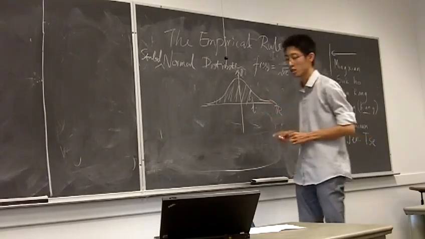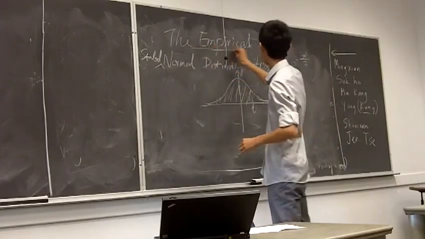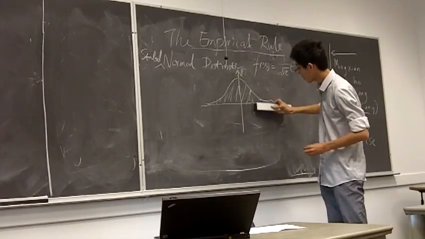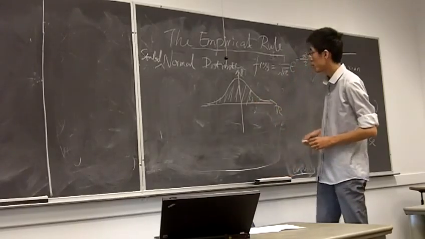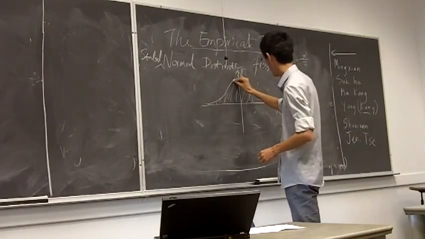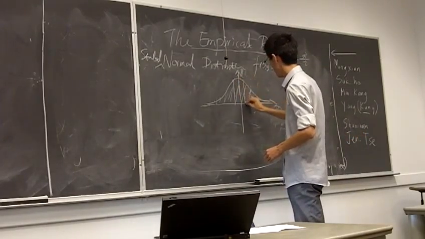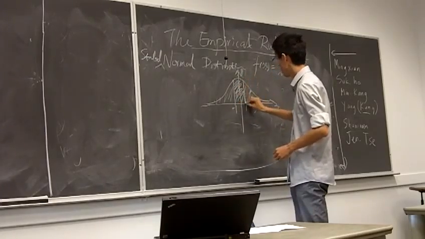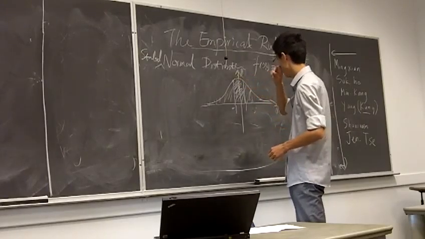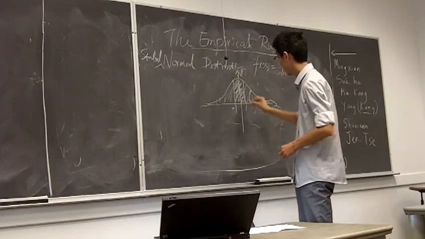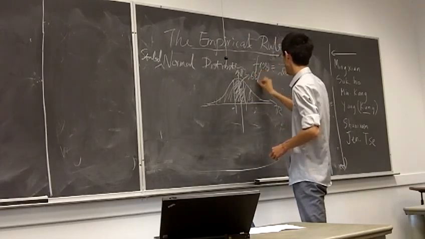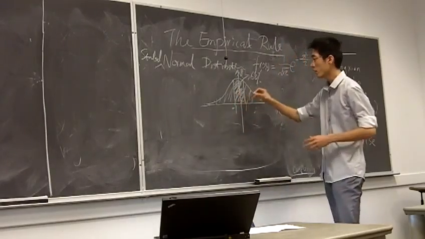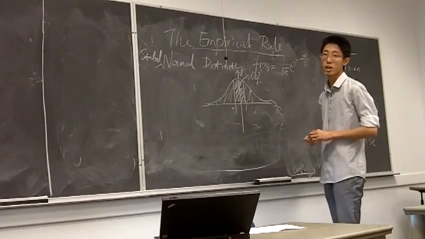Once we have the normal distribution, we can give the empirical rule. The probability between -1 and 1, the area of this shaded part, is 68% of the whole area, and the whole area under this curve is actually 1.